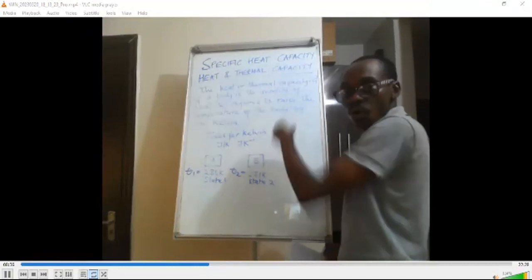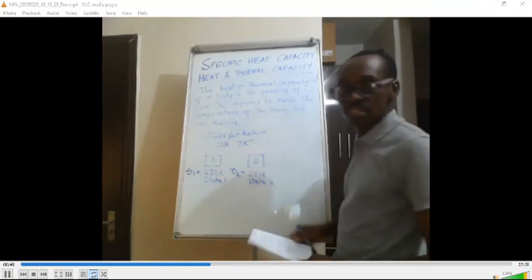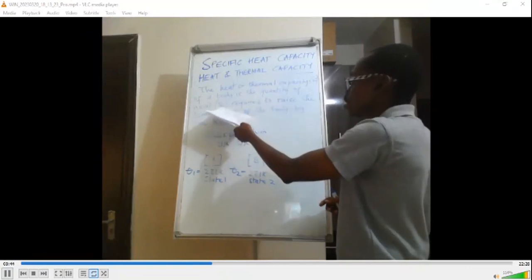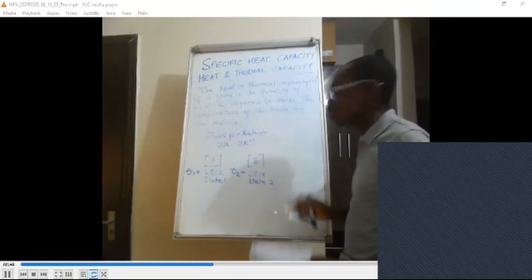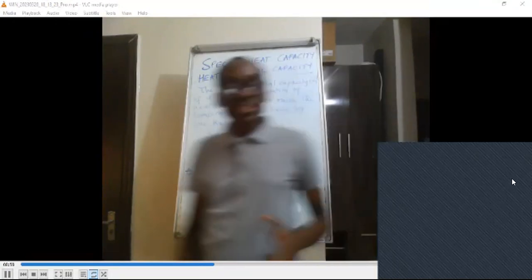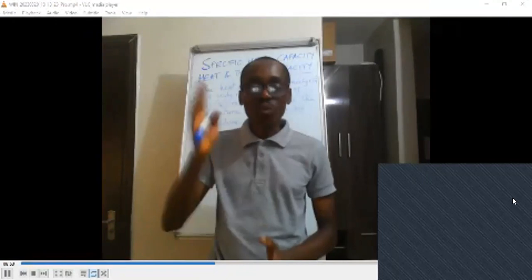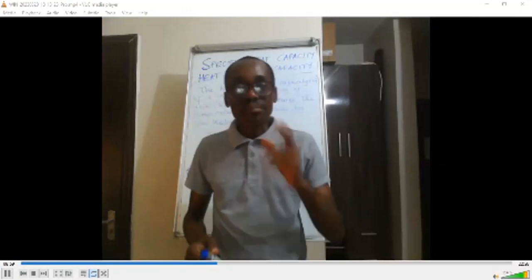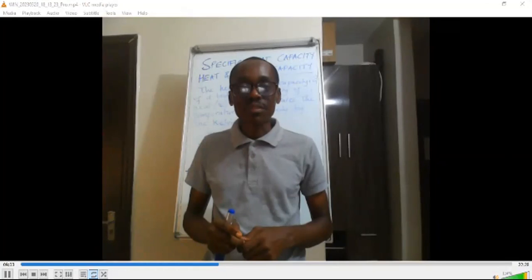The heat or thermal capacity of a body is actually the quantity of heat Q required to raise the temperature of the body by 1 Kelvin. Like the heat or the thermal capacity of a body is the amount of heat that is required to raise the temperature of that body by 1 Kelvin.